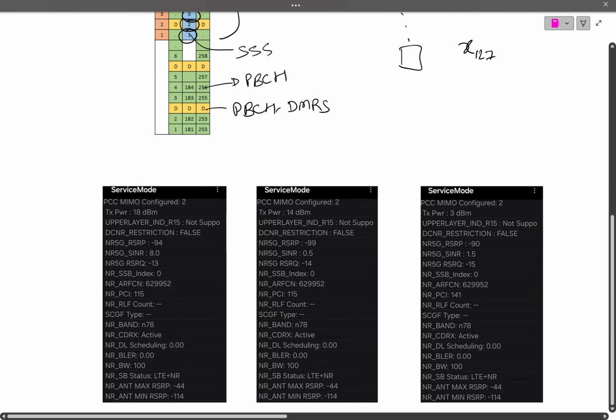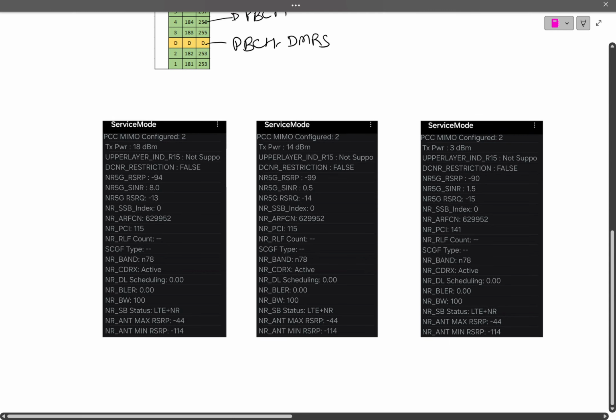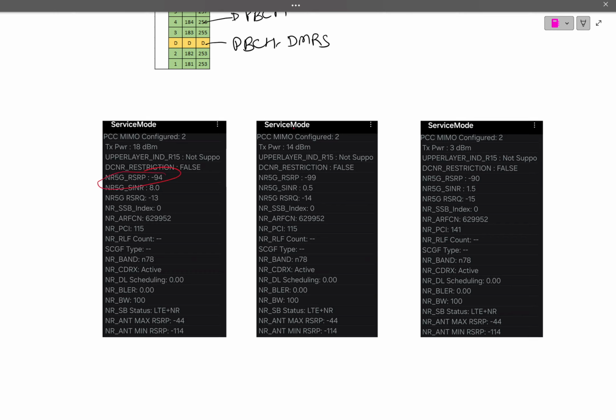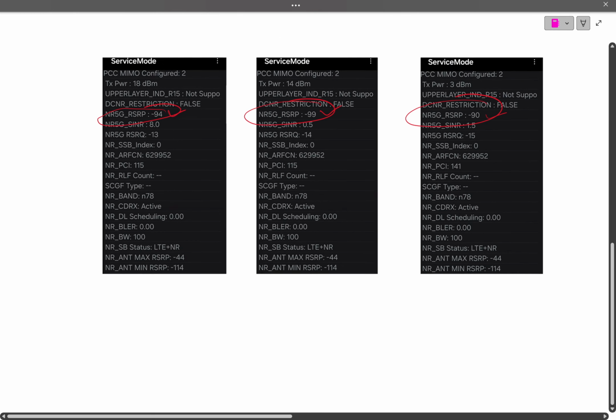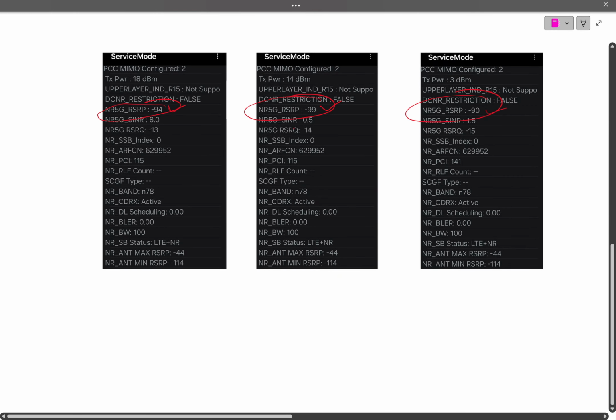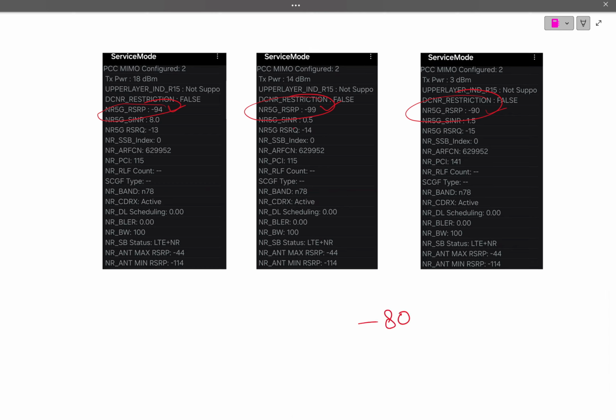These screenshots I have captured from my phone. As you see, this is the RSRP at a different instance. It also shows SINR and RSRQ that we will see in the next video. Normally if the RSRP is more than minus 80, then it's a good RSRP.